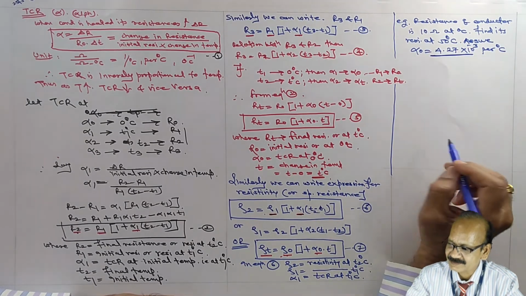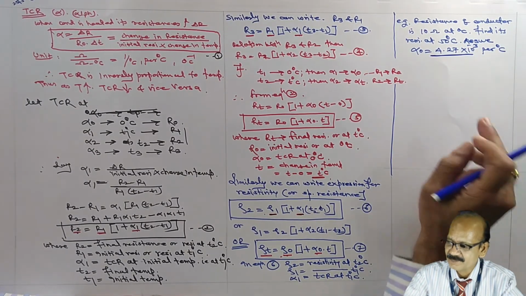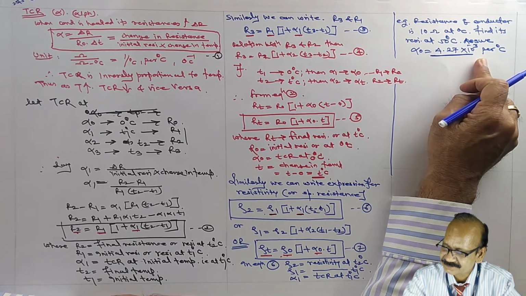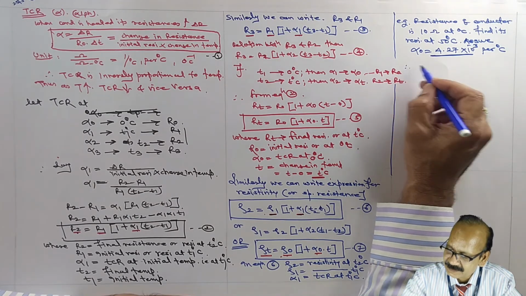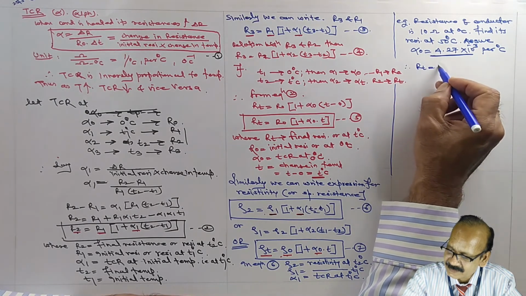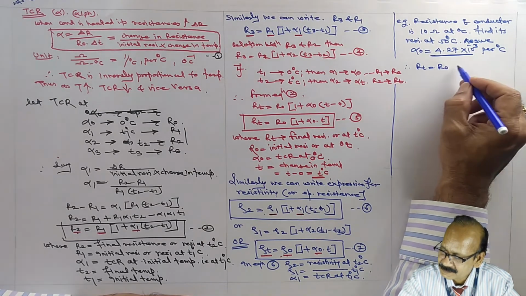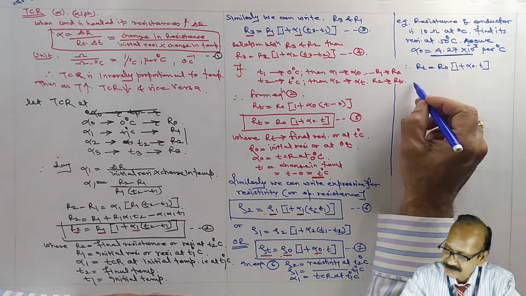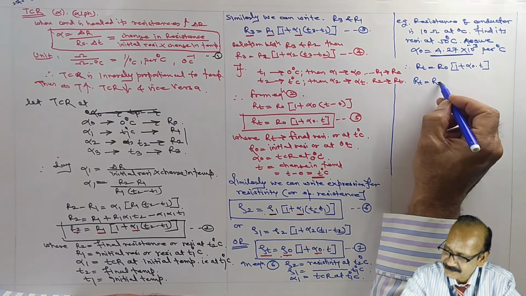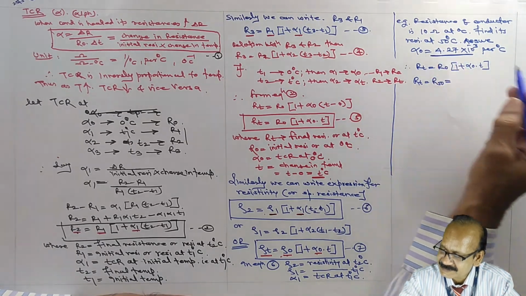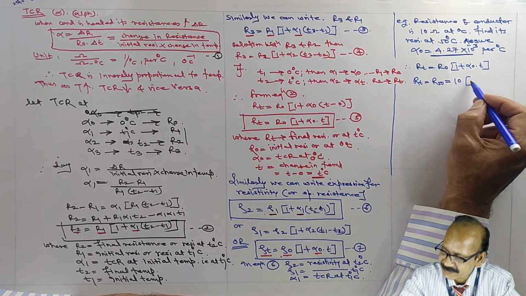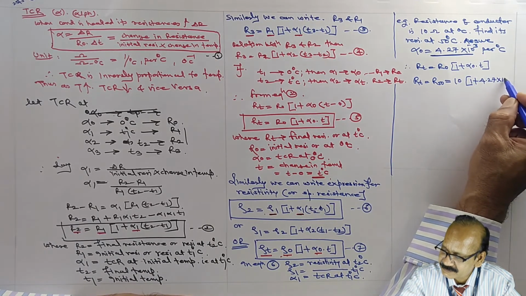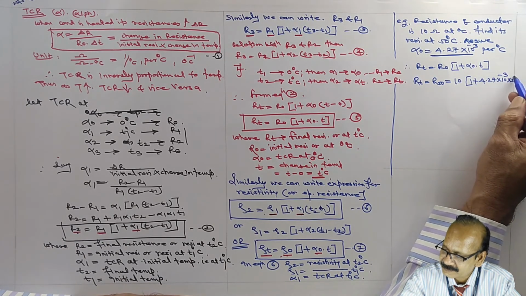Obviously, this is a copper conductor, because the TCR for copper at 0 degree Celsius is 4.27 into 10 raised to minus 3. Now here we can write RT equals R0 into bracket 1 plus alpha 0 into T. So RT is nothing but R50, which equals the initial resistance 10 ohm into bracket 1 plus alpha 0, 4.27 into 10 raised to minus 3, into 50.